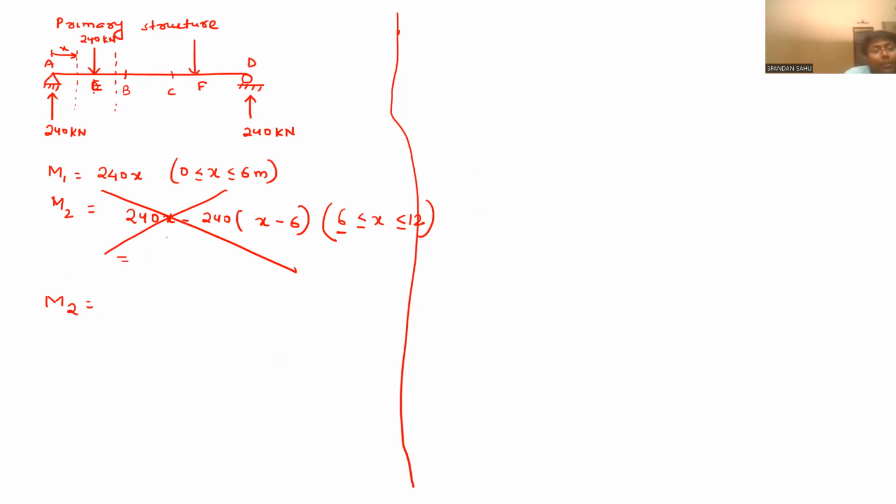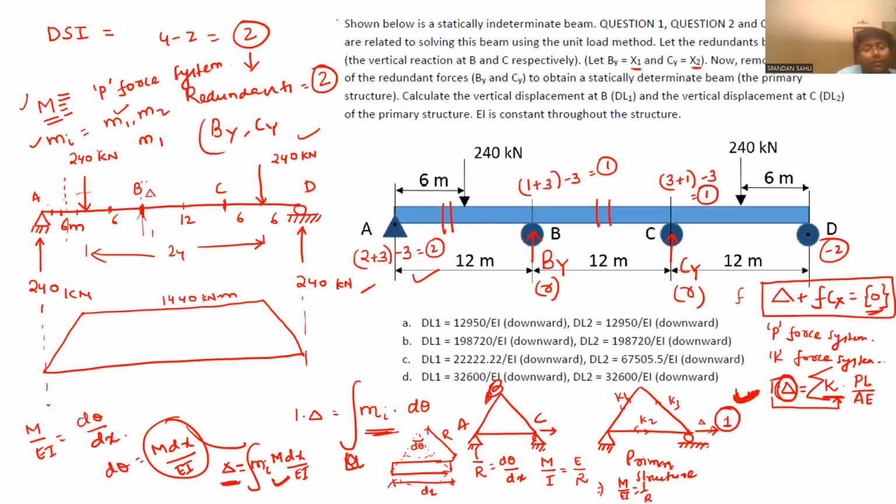M2. I am taking x from point E, and in this, x will vary till point B. Now tell me, if we write the equation, it will be 1440 kilonewton meter. And it is constant, from E to B. Correct?